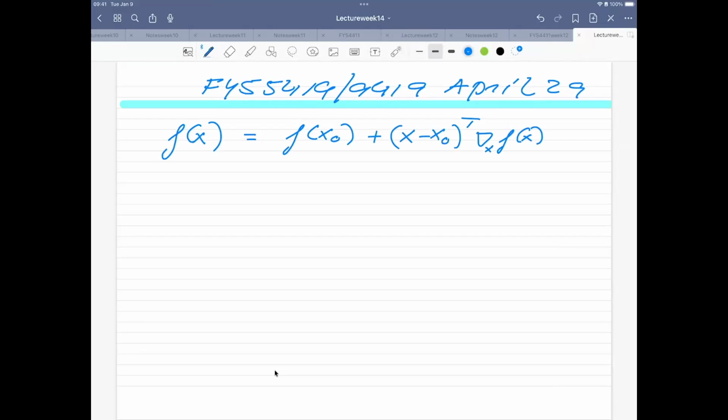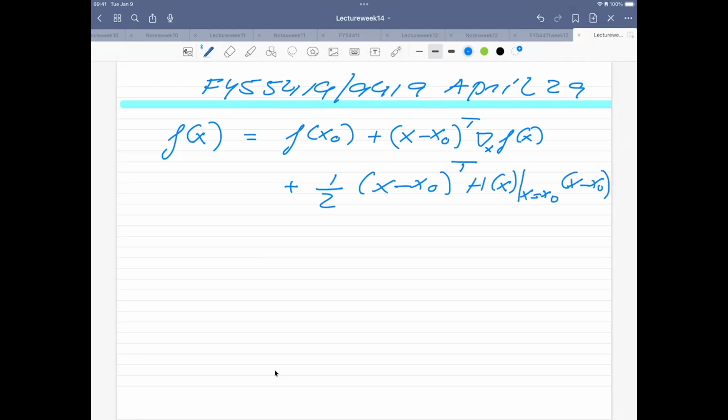But then we have the second order term. So this is based on a Taylor expansion around a point. And then we have the second derivative, which we normally call the Hessian matrix. I'm just going to write this second derivative as an H, and this is also evaluated at x equal to x0. It's then multiplied with x minus x0.